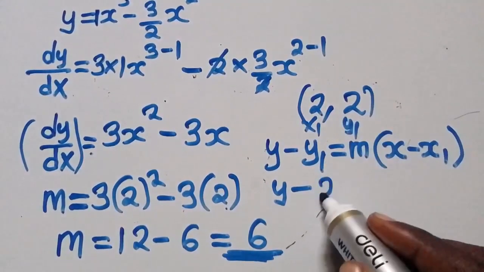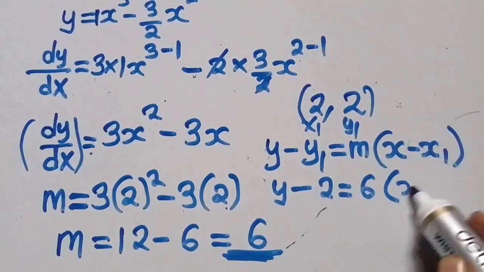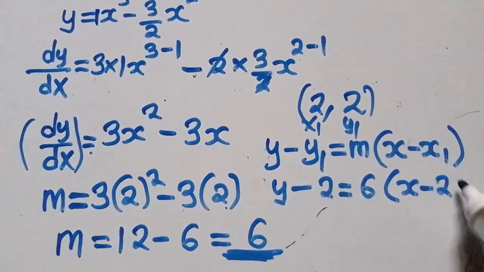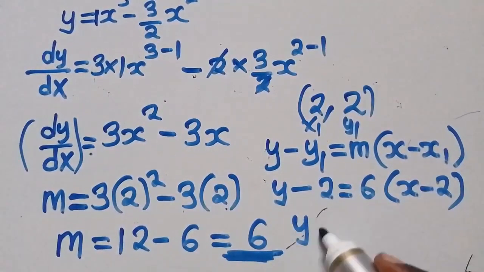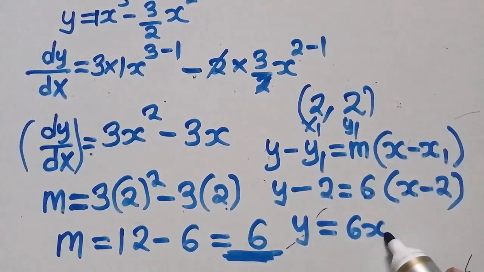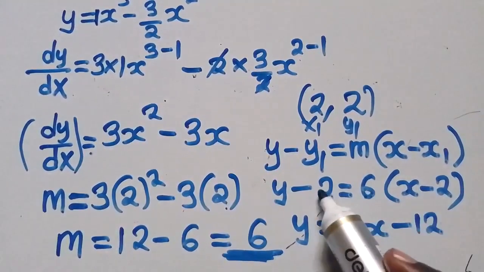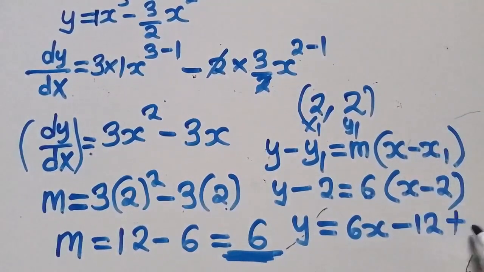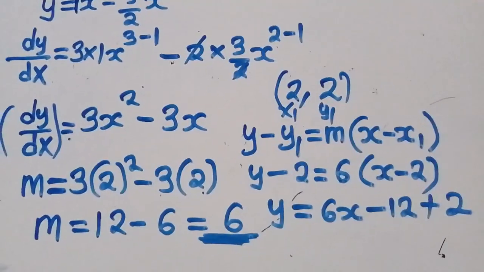So y1 is 2, which is equal to gradient 6, open bracket, x minus x1, which is 2. You do this. The 2 goes that side, is equal to 6x when you multiply, minus 6 times 2, 12. When this one comes this side, it is plus 2.